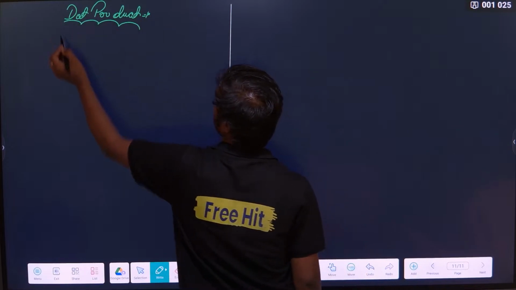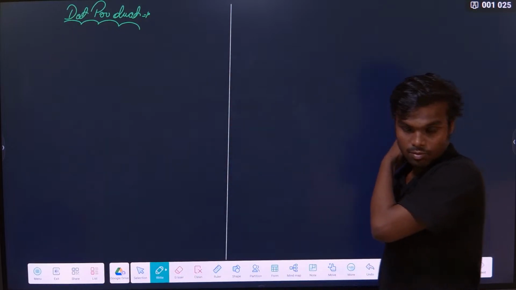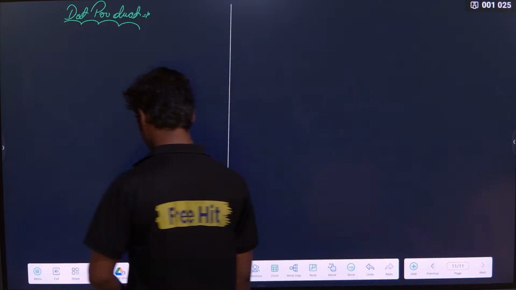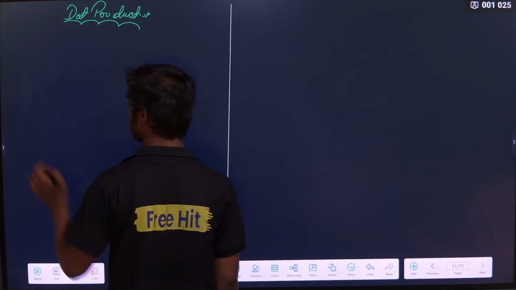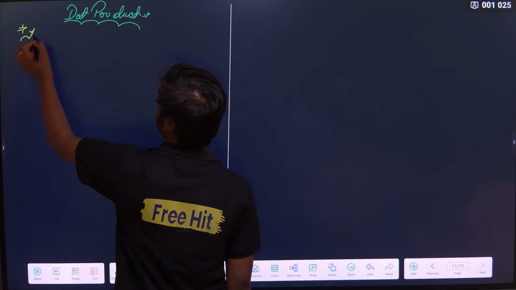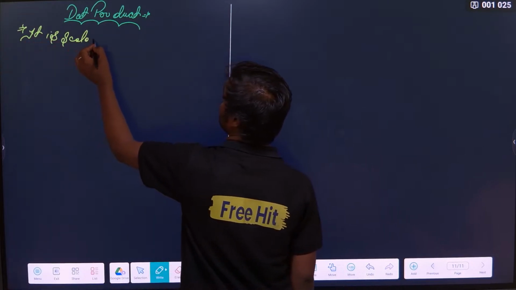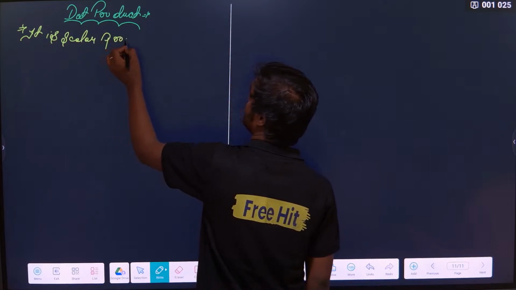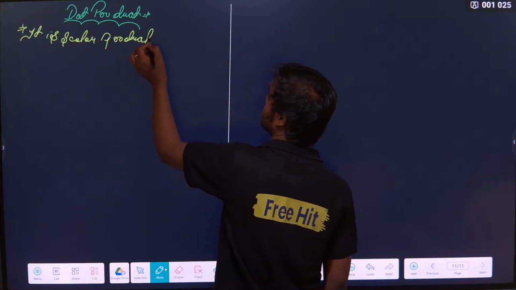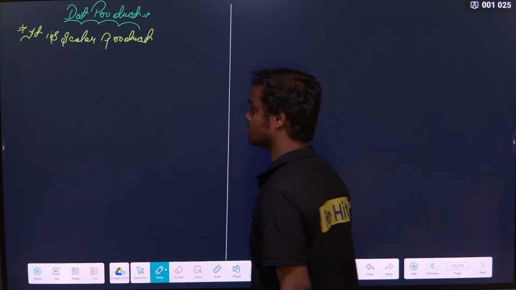If you see about the dot product, first thing, it is defined as a scalar product. Means it is a scalar quantity.